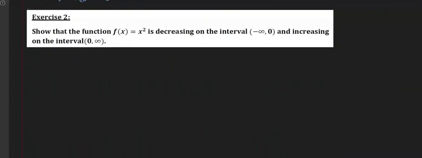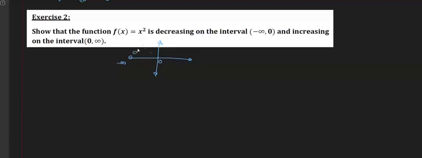Now exercise 2 says show that the function f of x equals x squared is decreasing on the interval, on that interval. So we know that x squared is a U-shaped parabola that is symmetric around the origin. So before zero, from negative infinity to 0, this function is decreasing.